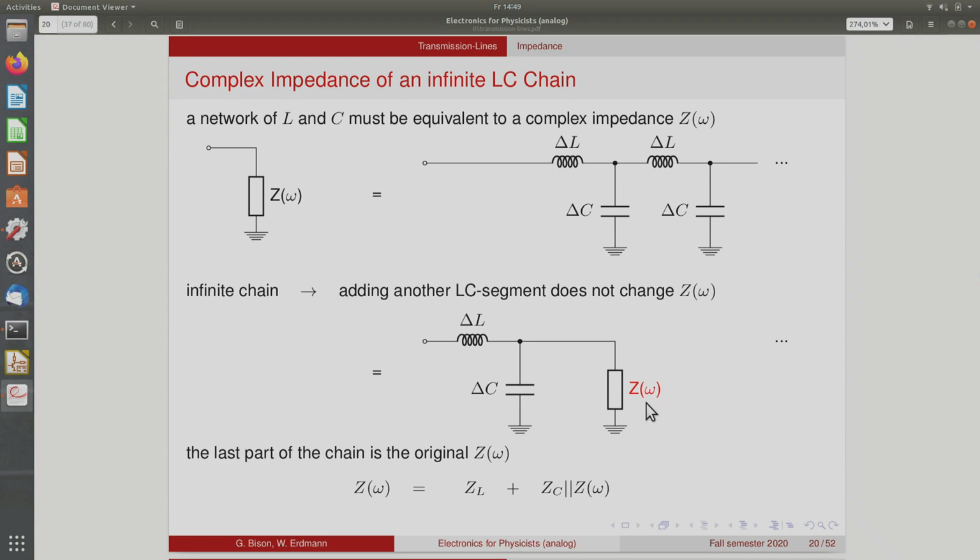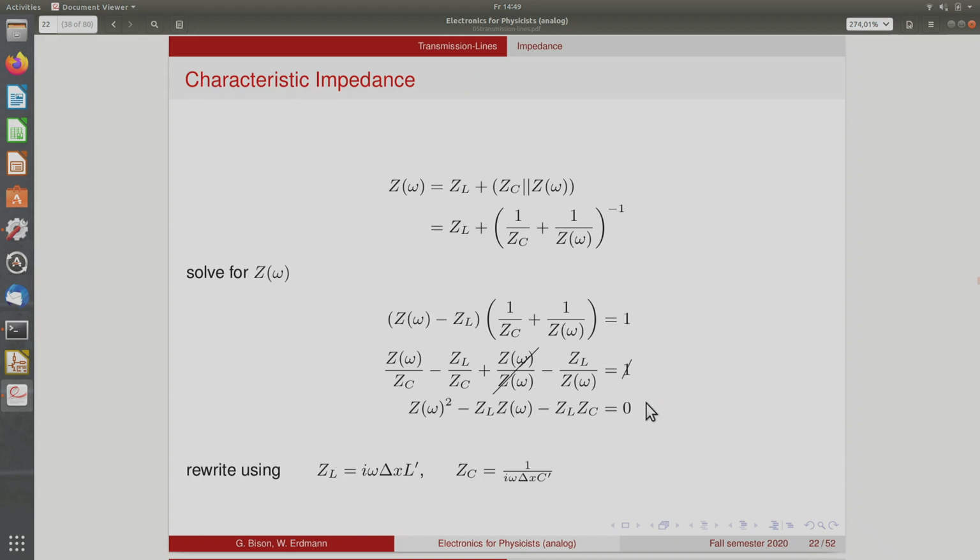We're just using the fact that it's infinitely long. So again, this is the same equation repeated, and the parallel of two impedances is given by this expression, so 1 over ZC plus 1 over Z, to the minus 1.